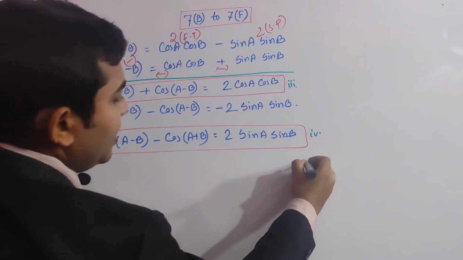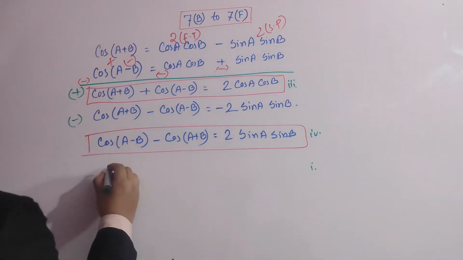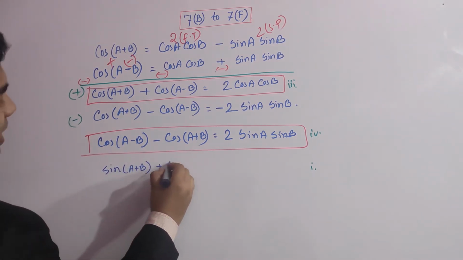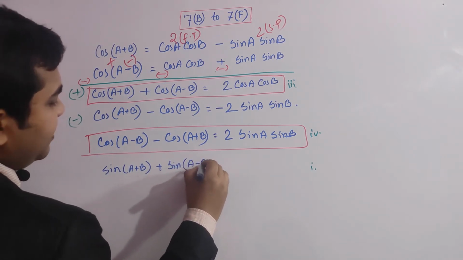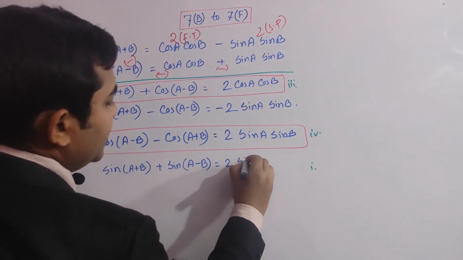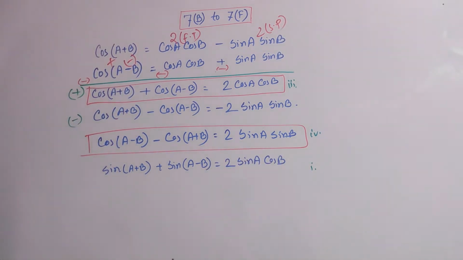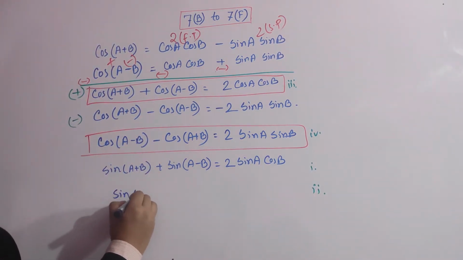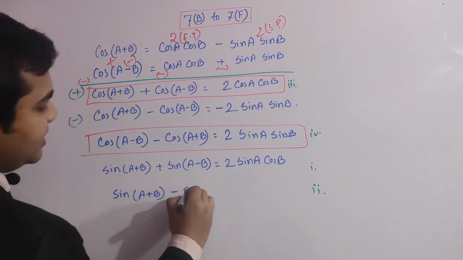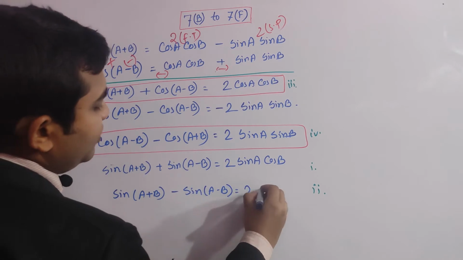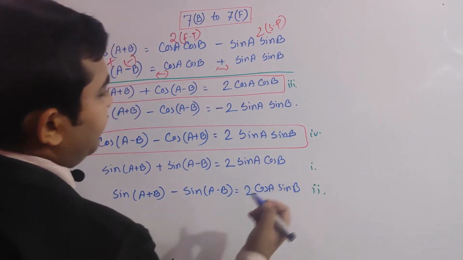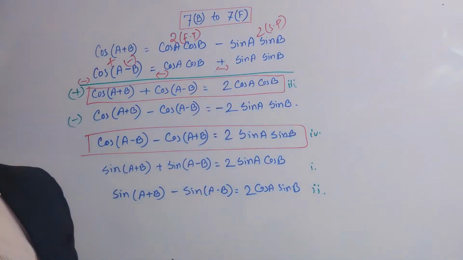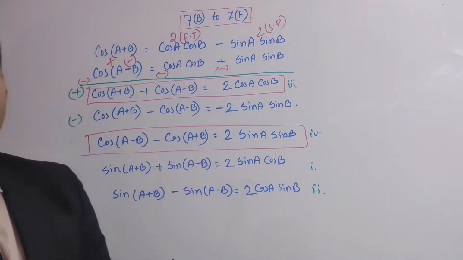Just a recap. Formula number 1 was sin A plus B plus sin A minus B equals 2 sin A cos B, and formula number 2 was sin A plus B minus sin A minus B equals 2 cos A sin B. So we have found all of these 4 formulas from the original 4 formulas.